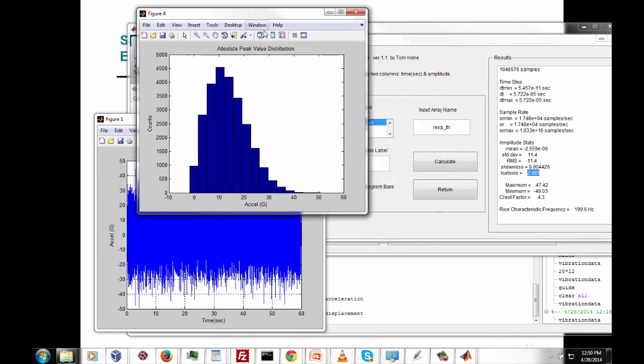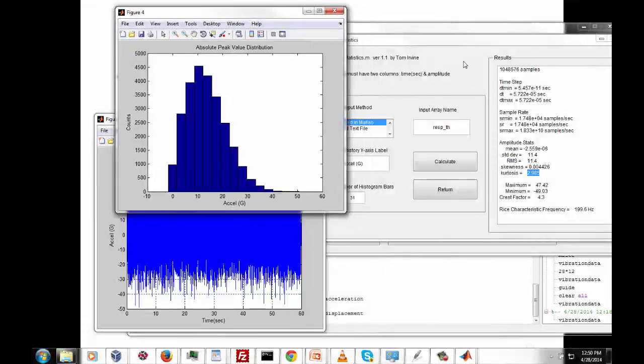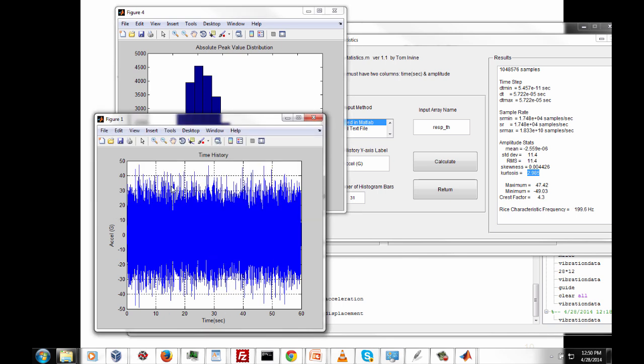Now here's an interesting one. It's called the absolute peak value distribution. And this is a histogram where we have counts versus the acceleration G level, but it's a histogram only of the positive and negative peaks. So imagine taking this whole time history, and we're going to do a data reduction.